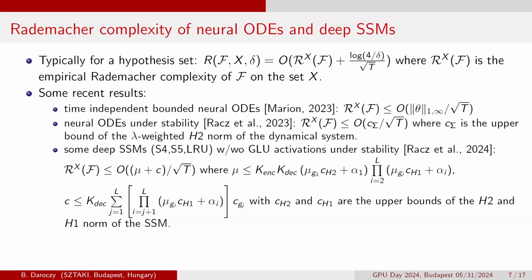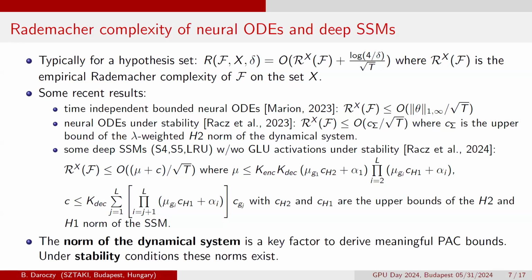And a similar thing can be done for deep state space models, where the solution is a bit more complex because it's a stacked one and a lot of things are there. But the main point I wanted to show you is that every single bound you can see on this page is connected to the norm of the dynamical system, which usually does not depend on the number of parameters.